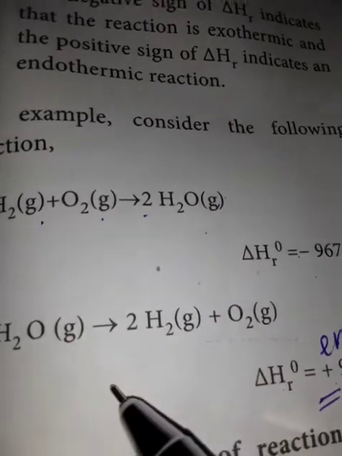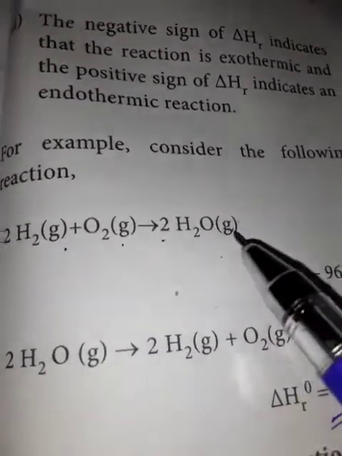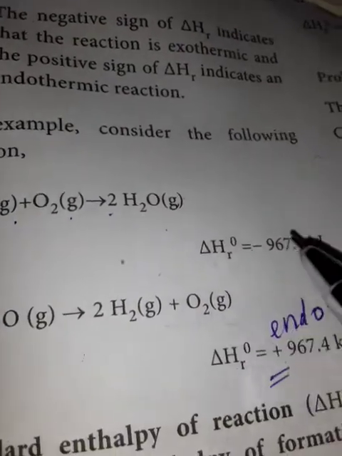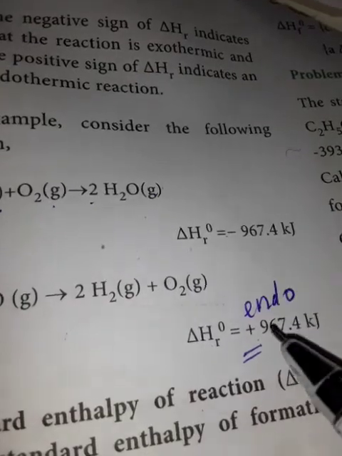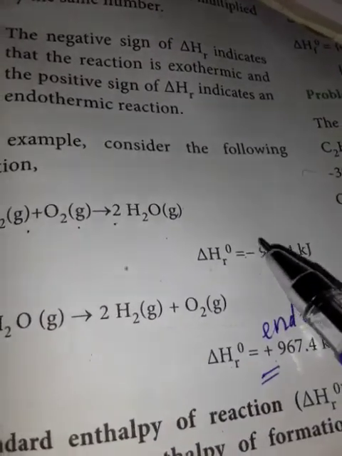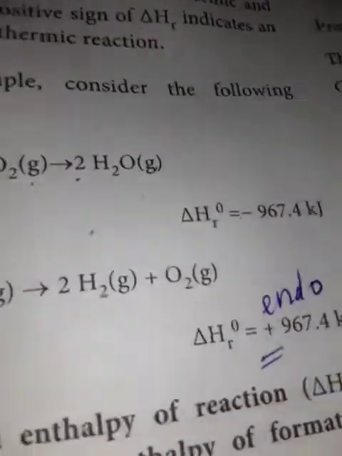Another reaction, the reverse reaction: this is the forward reaction, and in the reverse, 2H2O giving 2H2 plus O2, the sign is reversed. Here it is minus, here it is plus. If the reaction is reversed, the sign gets reversed, but the magnitude does not change.